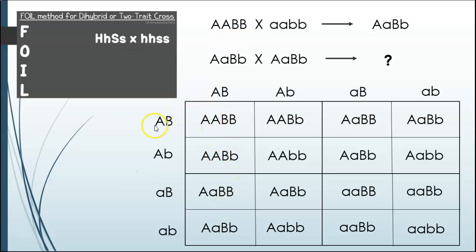So if this is the only kind of gamete that this parent can make, but the other parent can make all 4, then just do the one row, because you're going to get the same proportion each time. So be reasonable. Don't think that I'm expecting you to do every single square every single time, because it just isn't necessary if you have only 1 or 2 types of gametes for one parent, as opposed to 3 or 4 different kinds for the other parent. Just do what's needed to be done in those worksheets.